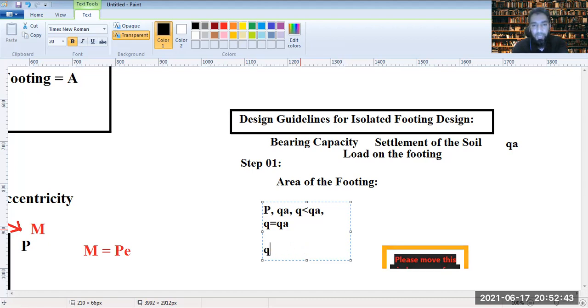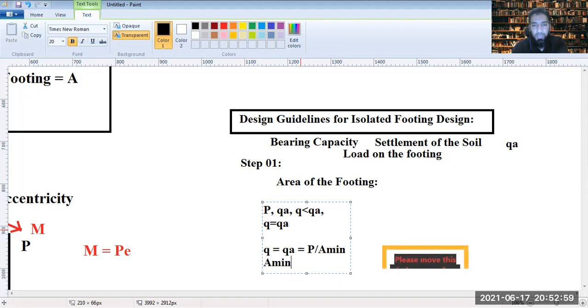Let me say q equals QA, which is P plus delta P, I'm taking P as the total, divided by A minimum.